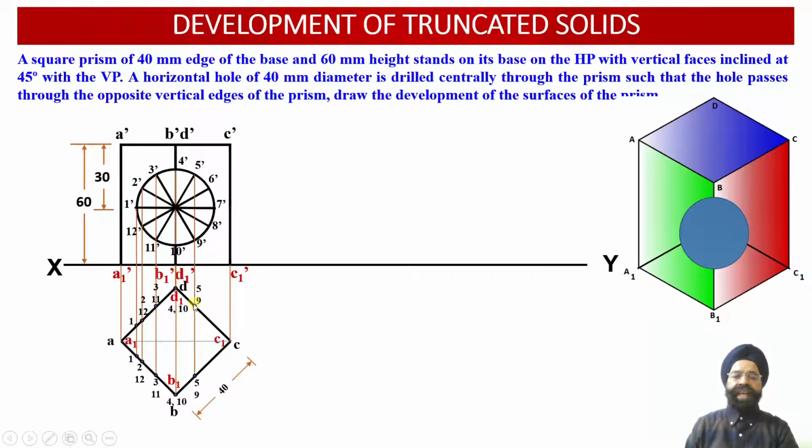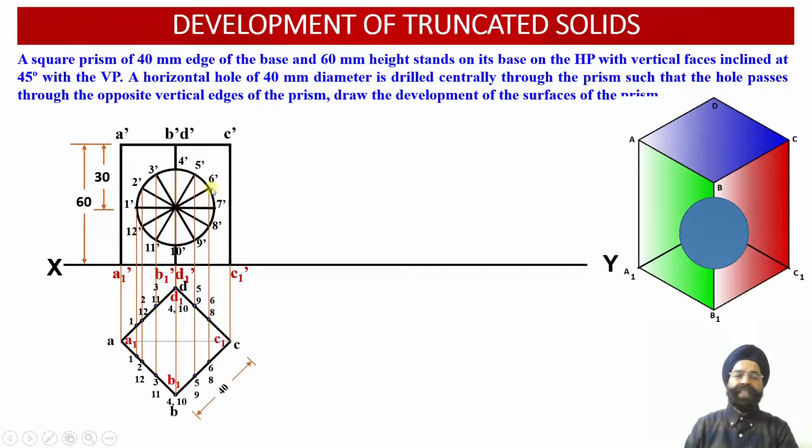On the rear side, these 2 points will be available at this distance, that is the distance between point C and 5, 9 alongside the boundary of this particular square prism, as we move from point C to point D. Similarly, onto the front side, these 2 points 5 and 9 will be available onto this vertical face at a distance of B to 5, 9, as we move along B to C.